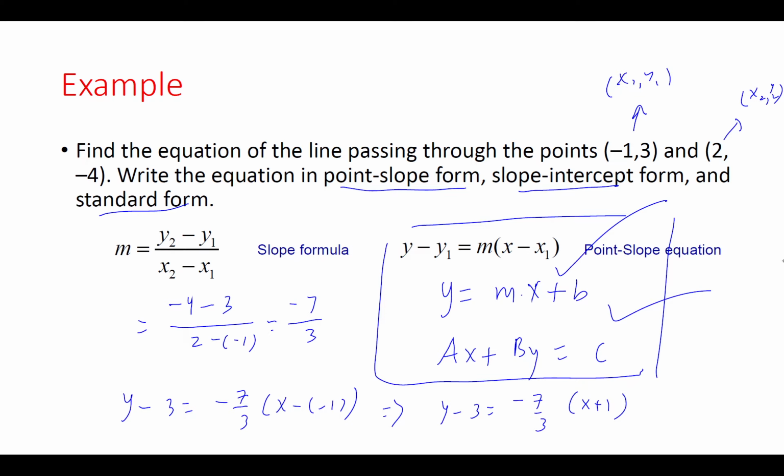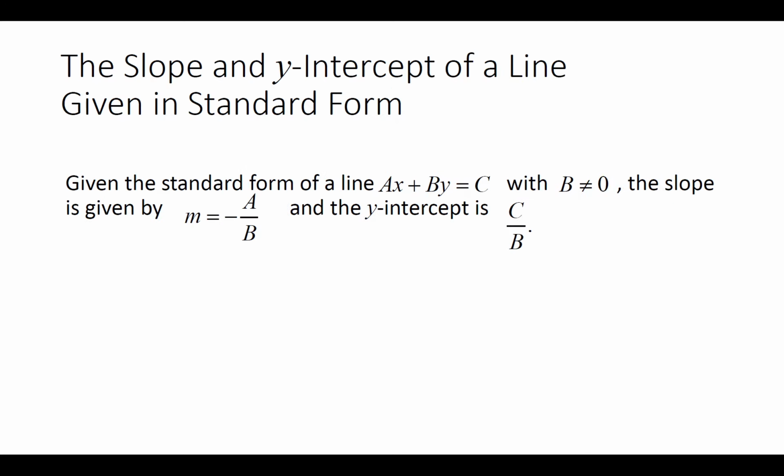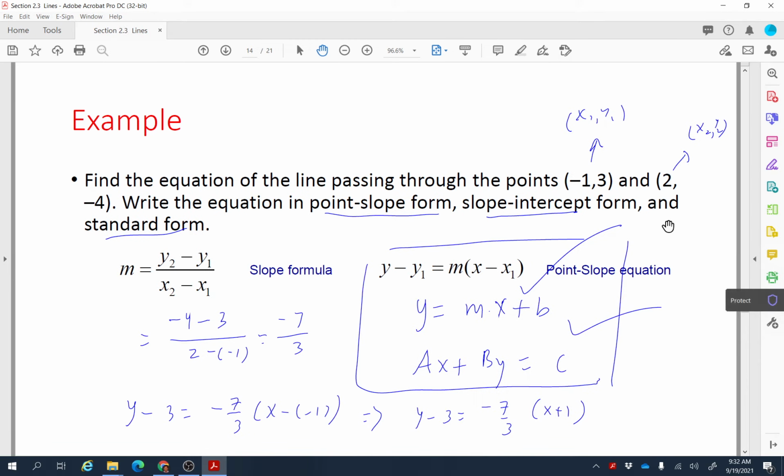Now to go from point slope form to the slope intercept form, you just have to distribute this -7/3 and bring this 3 to the right side. Let me just add one page here.